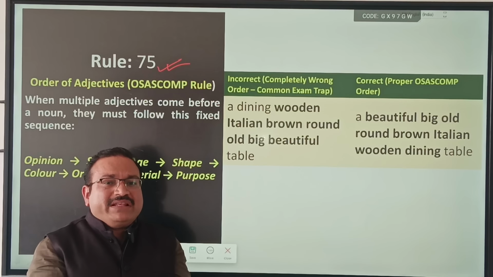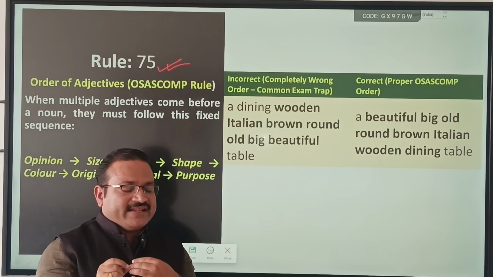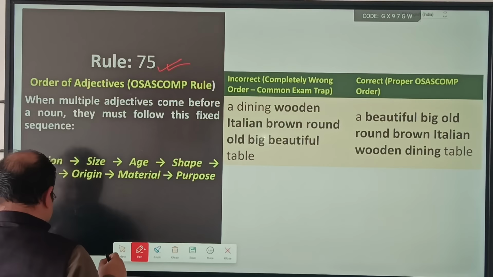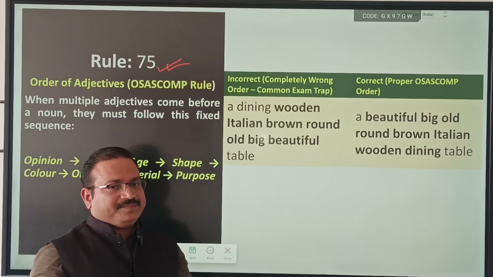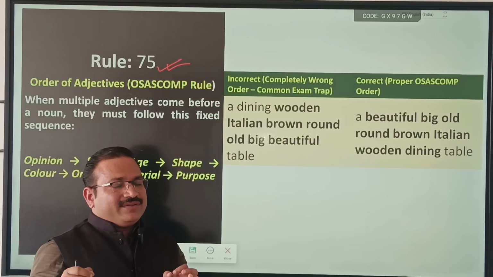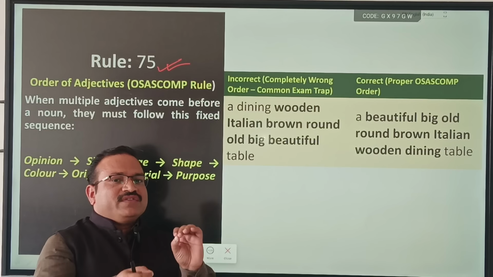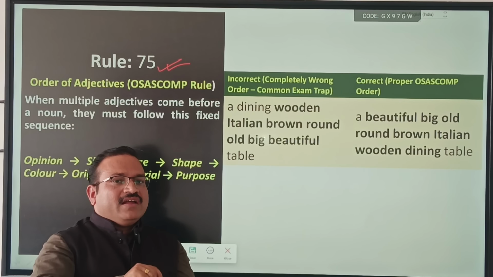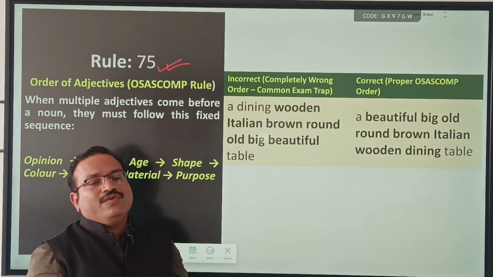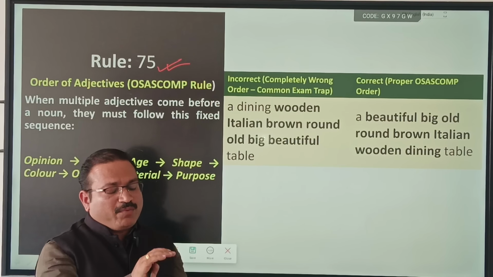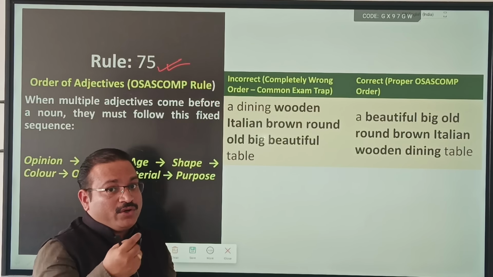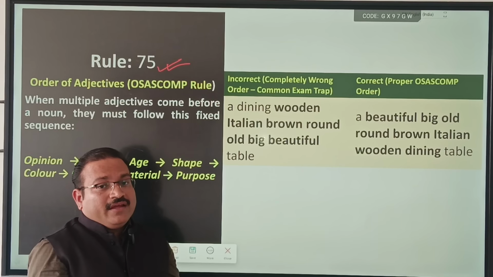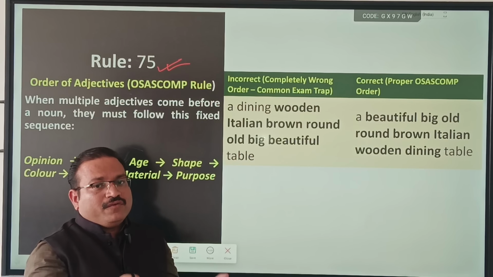If there are multiple adjectives in the same sentence, then what would be the order? So, what is the trap in examination? They will change the order of the adjectives, and that is the error you have to spot. If you know the correct ordering of adjectives, you can do it easily. If you don't know, you will fall in the trap.